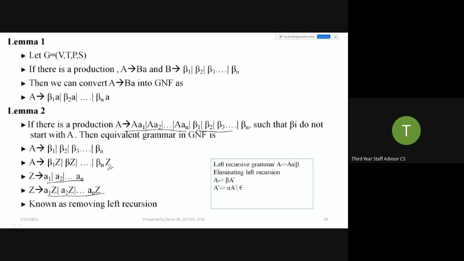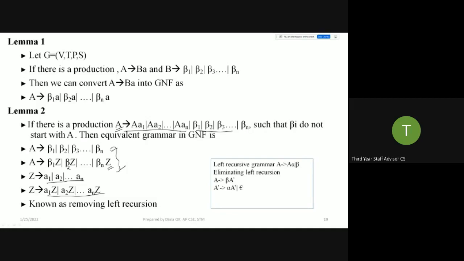In the same way, the given production becomes A implies beta1 beta2 etc. beta n and beta1Z beta2Z etc. beta nZ. Once it is in this form, we can say that we have removed the left recursion from this particular production.